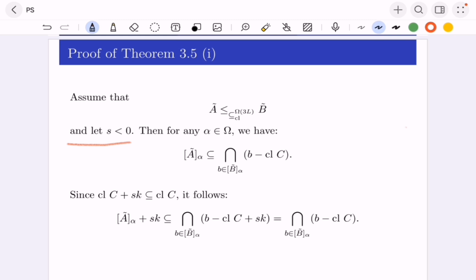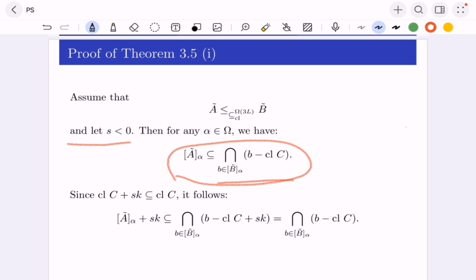So for any alpha in omega, we are given this inequality. Let the alpha level cut of the fuzzy set A be less than this one.